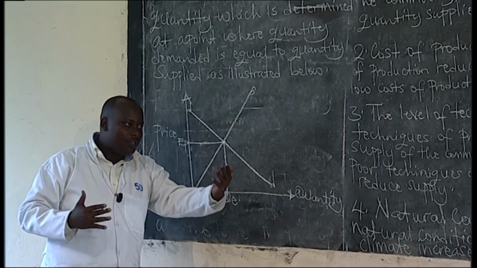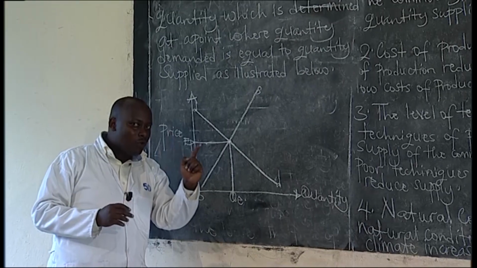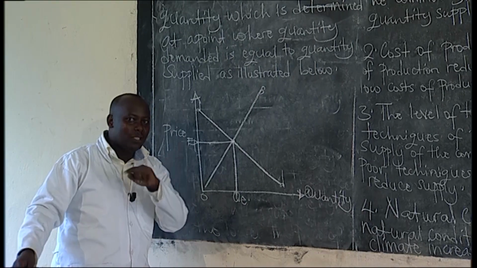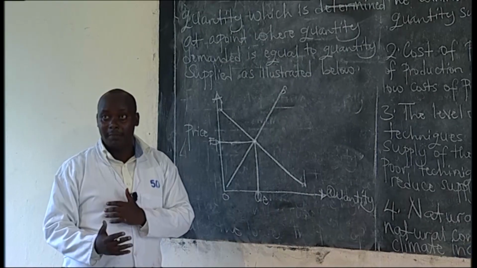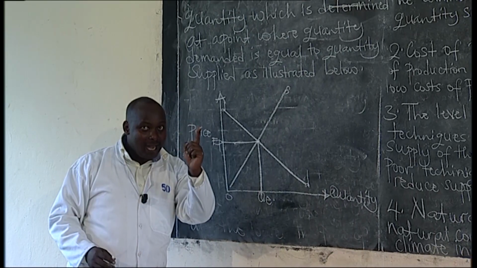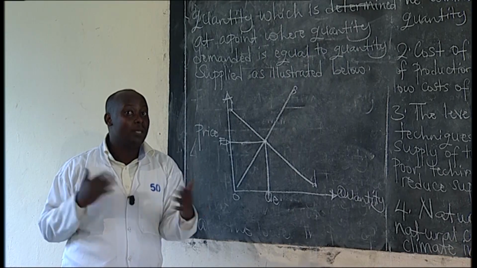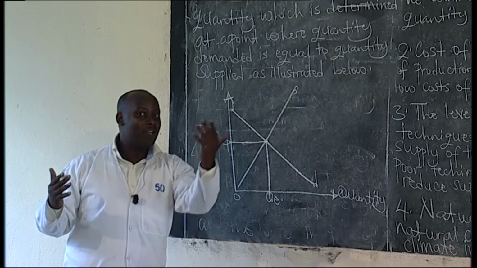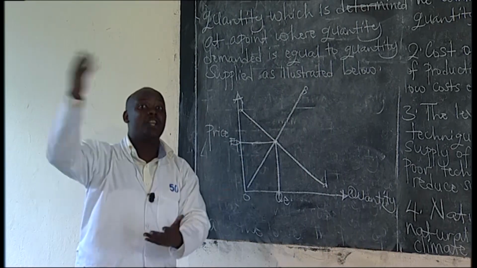Because as demand increases, you supply more. But if demand is increasing and supply is not increasing, this will bring a disequilibrium. Because one is increasing, another variable is not increasing. And the prices will not be stable, they will keep on changing. Because as demand increases and supply does not increase, demand exceeds supply, and the prices will increase.